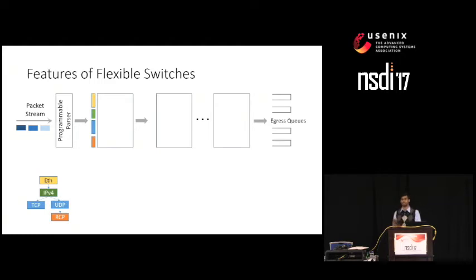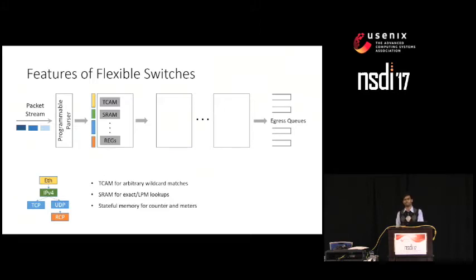Once these headers are extracted, they're passed on to a series of match+action tables, each of which matches or looks up one of these fields and performs some action. Typically, these stages have some TCAM for performing arbitrary wildcard matches, some amount of SRAM for implementing exact or longest prefix match lookups, and some amount of general purpose registers for maintaining counters or meters that persist state across packets.